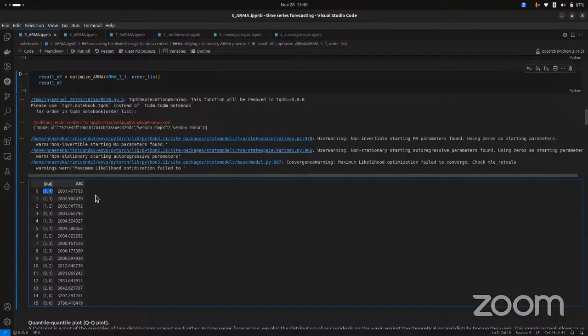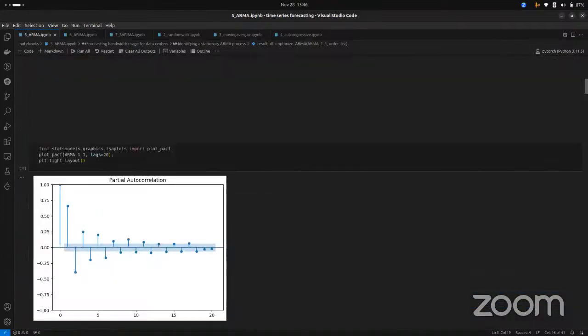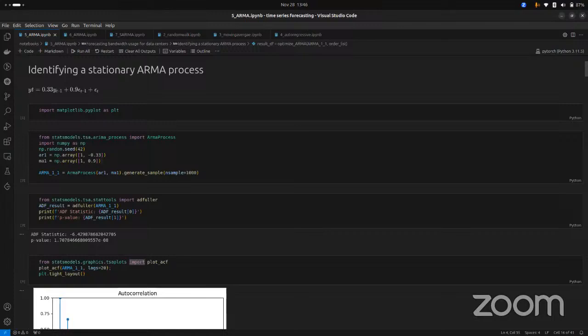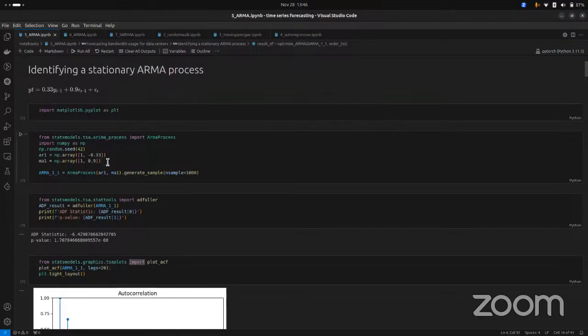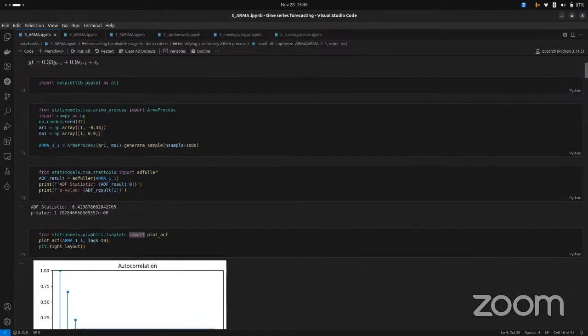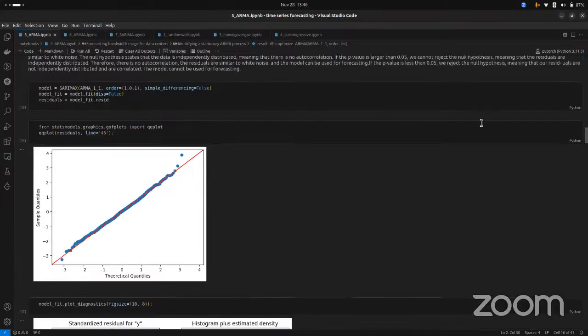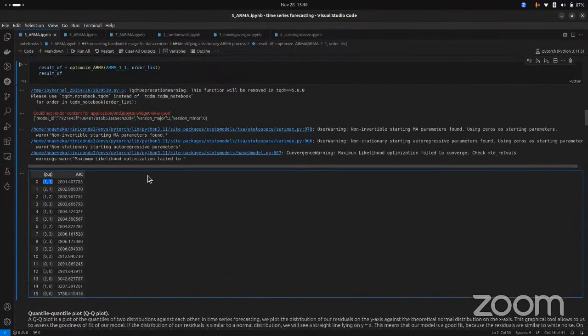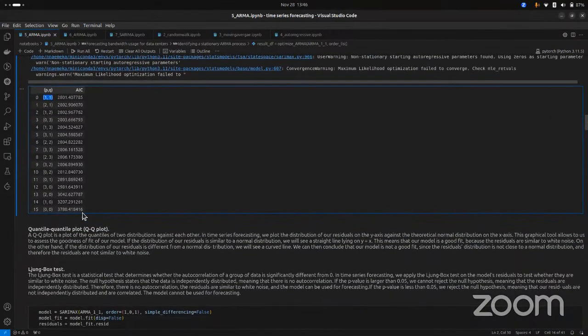If you remember from the beginning, I said we are going to simulate an ARMA process, and that ARMA process is also a 1 and 1 process. So we knew beforehand that our P and Q is 1 and 1, and our model also told us it's 1 and 1. So we are going on with this.